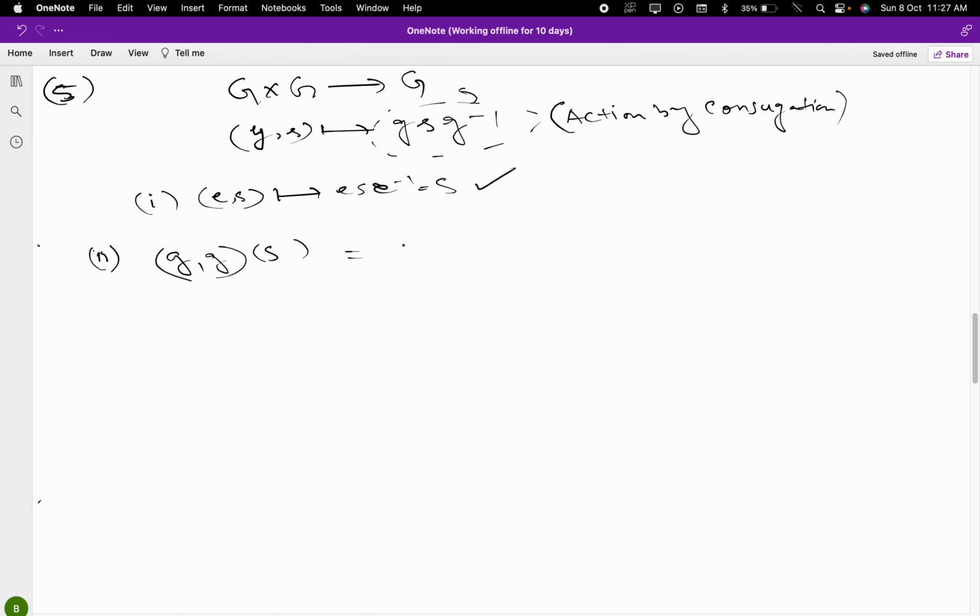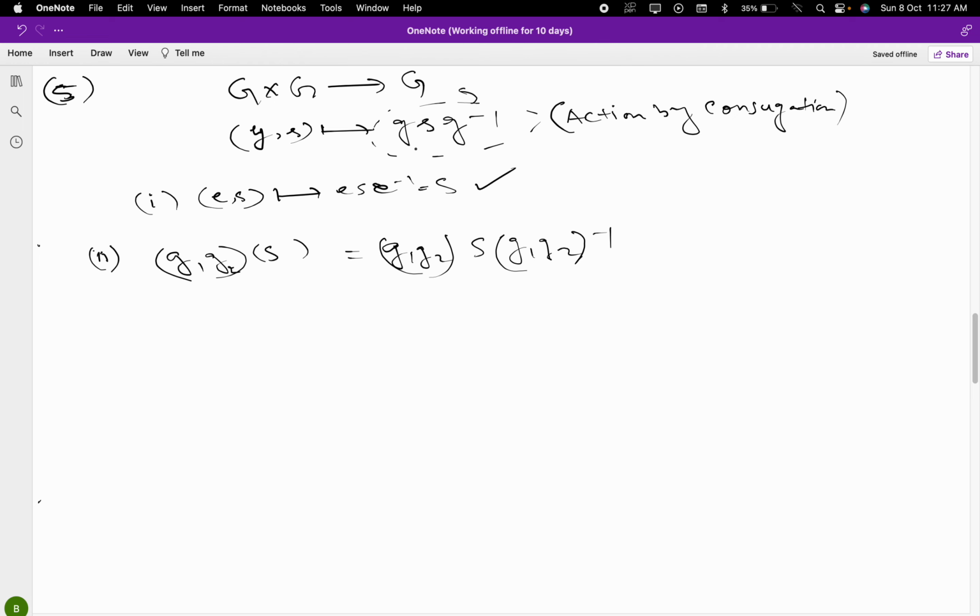So what is this? According to this, G1 G2 is in G1 G2 inverse, right?